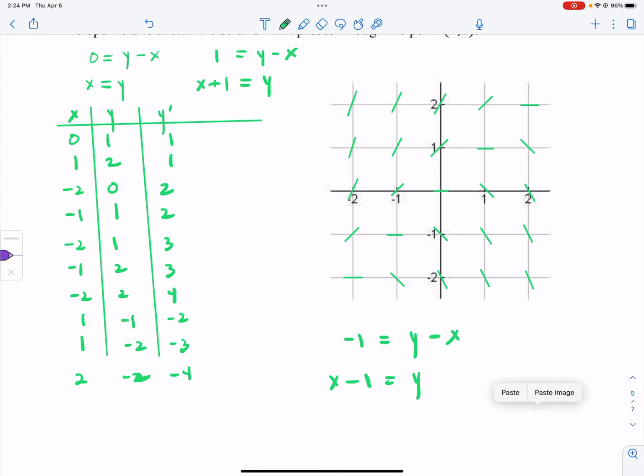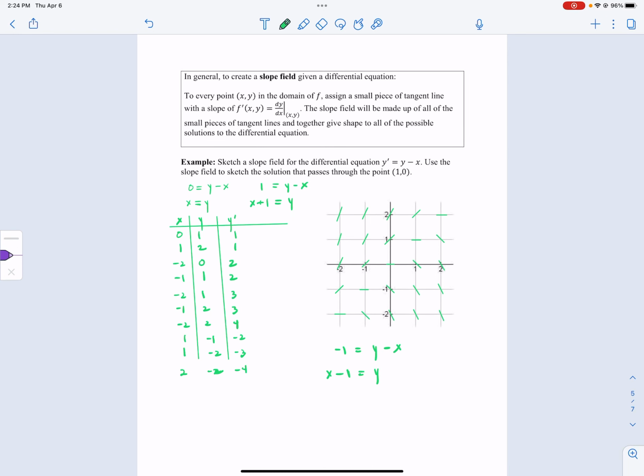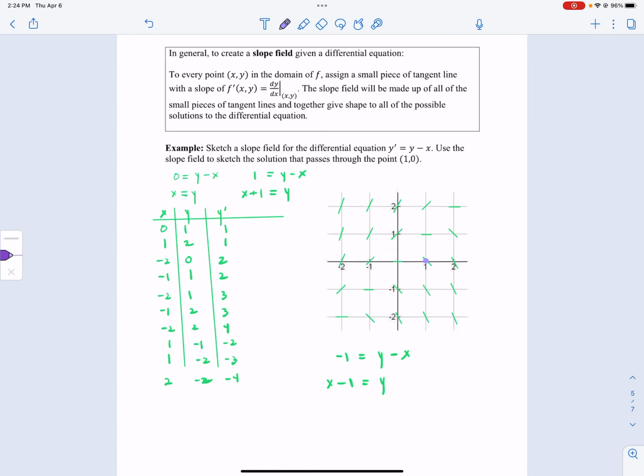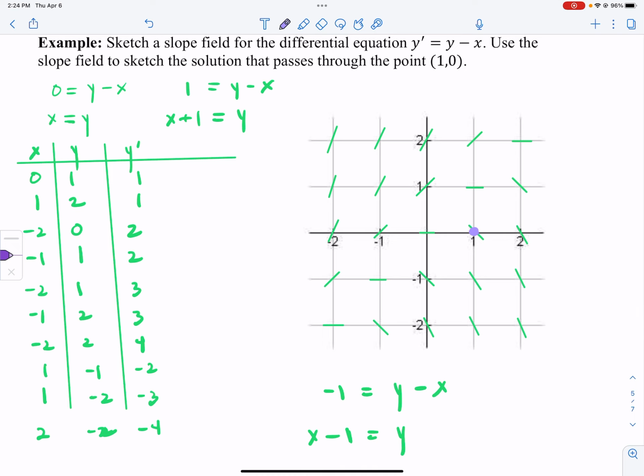Okay. So then sketching the particular solution that passes through 1, 0, using these as a guide, I think it'll come down kind of like this, and then it comes around, and then is guided by those line segments that have a slope of 1.